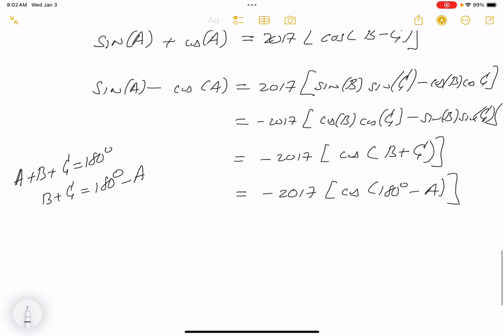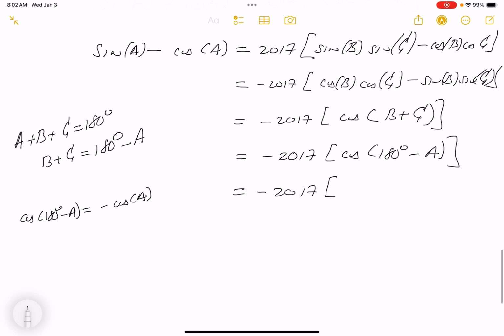Well, I have to use my knowledge of identity, so minus 2017. This is going to be the same thing as, let me think about that. The cosine of 180 degrees minus A should be the same thing as minus the cosine of A. Let me just verify that for you. So you had cosine 180 cosine A, plus sine of 180 sine of A. What happens over here?